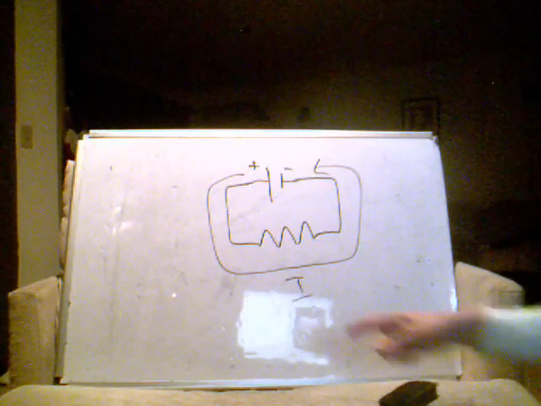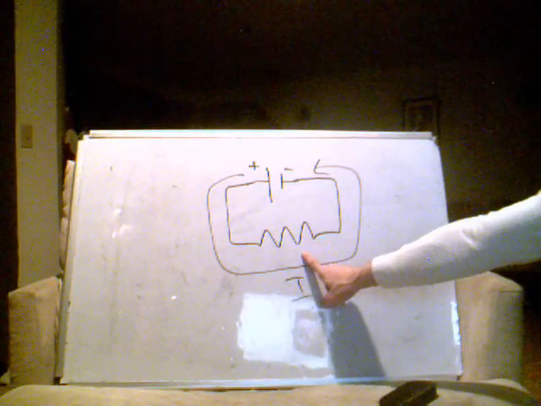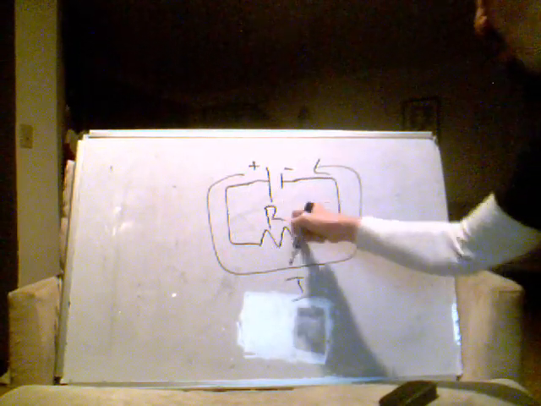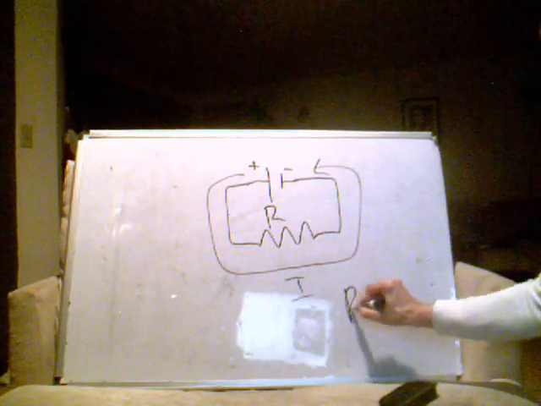In any case, like I said, this thing here is called a resistor. And common examples of this are, of course, things like light bulb filaments. As the bulb absorbs energy, it gives off heat and light. The SI unit of resistance is the ohm.